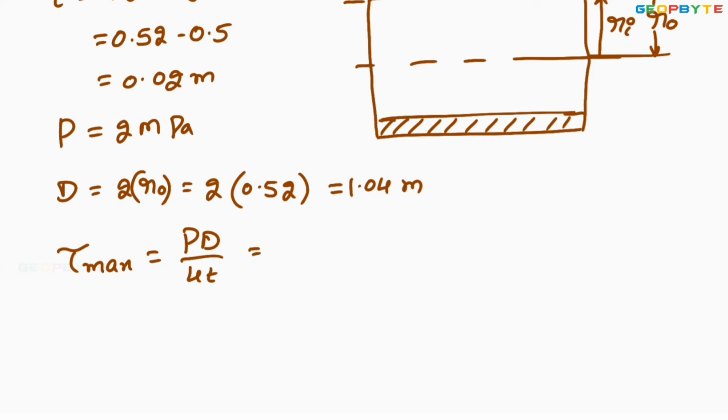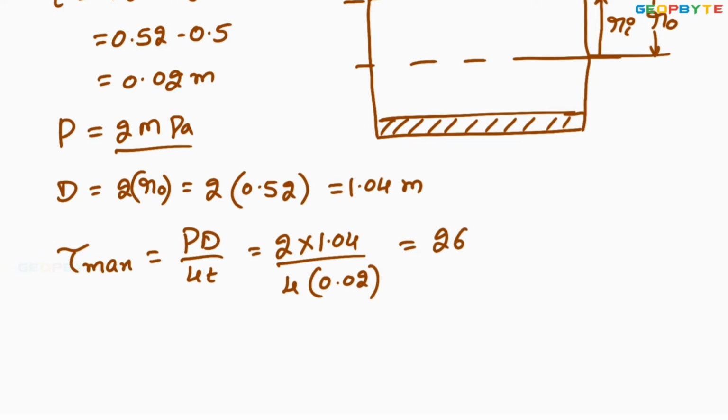Pressure is 2 megapascal into D 1.04, divided by 4 into thickness, which you got as 0.02. You simplify this value to get 26 megapascal. Therefore, the maximum shear stress is 26 megapascal. I hope you got my point.